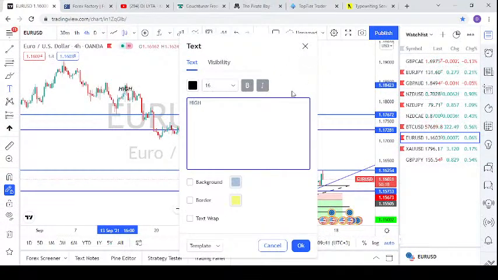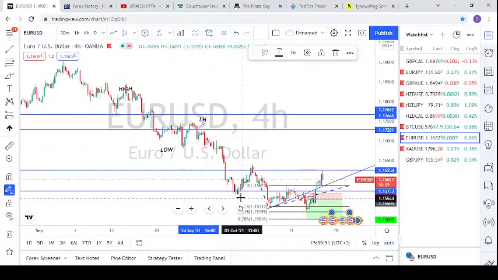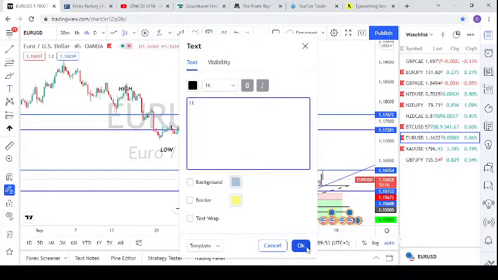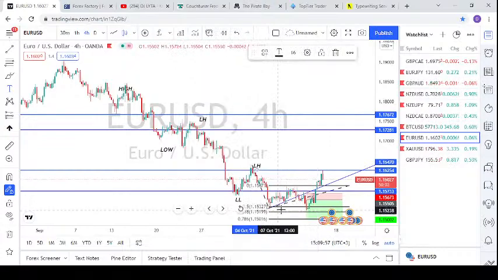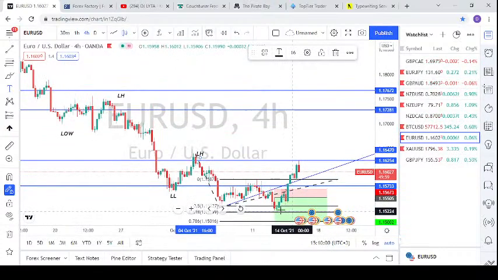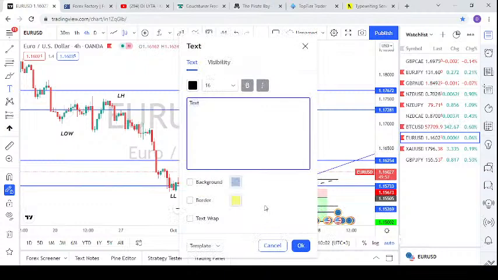High, first low, then price created a new lower high, and it has since been creating lower lows and lower highs. This is a lower low, a lower high, and then finally price tended to create its final lower low.